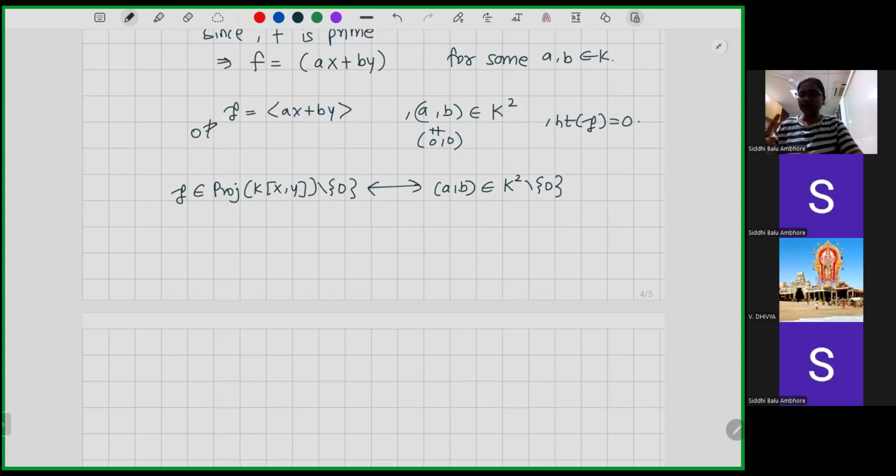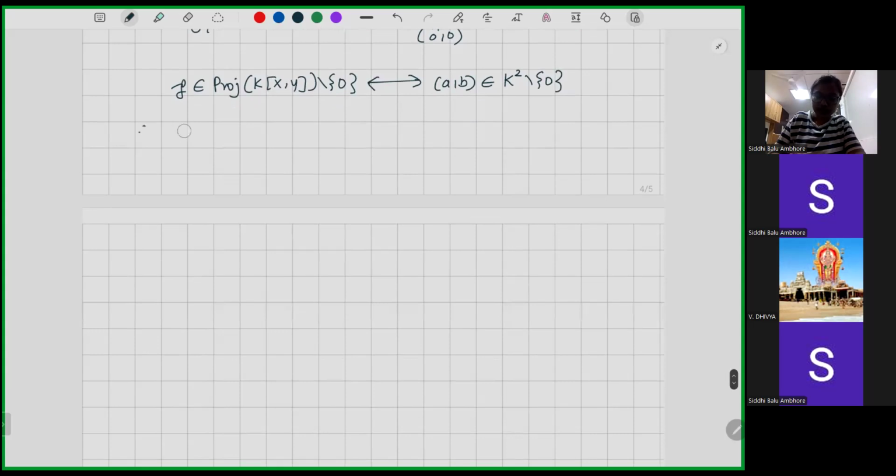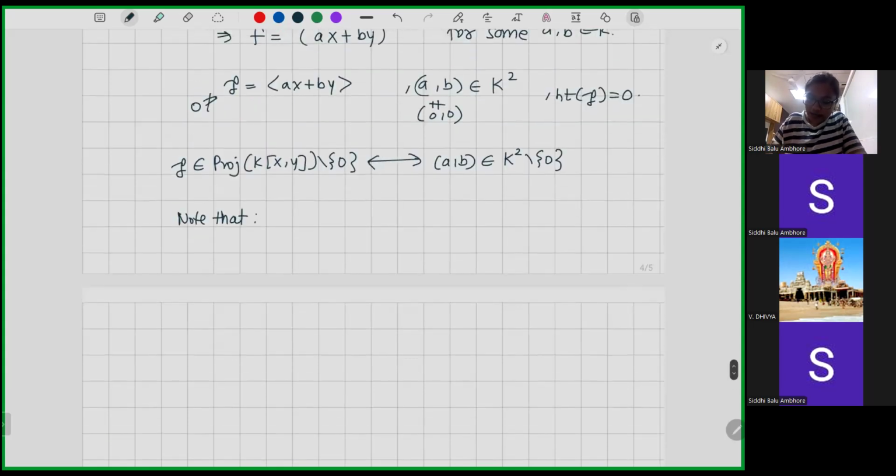But at the same time, note that whenever I choose this (a, b), the ideal corresponding to (a, b) and to lambda times (a, b) will be the same. So note that the ideal generated by ax plus by is equal to the ideal generated by lambda ax plus lambda by.